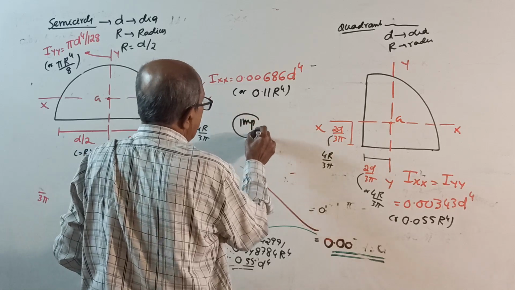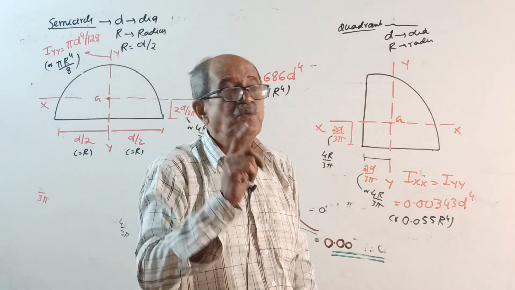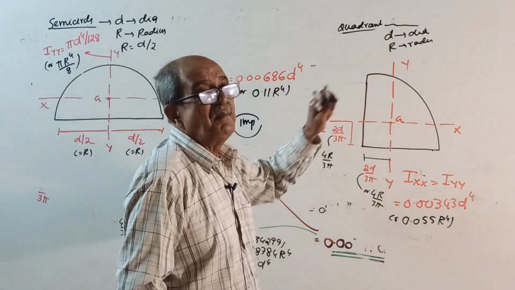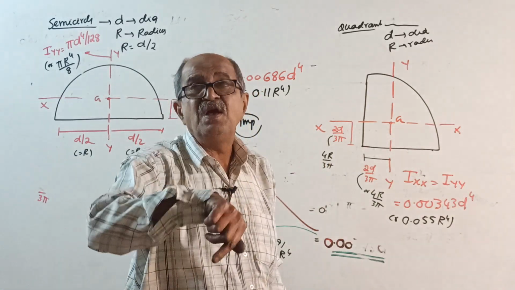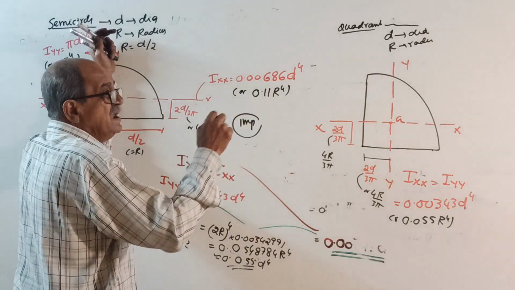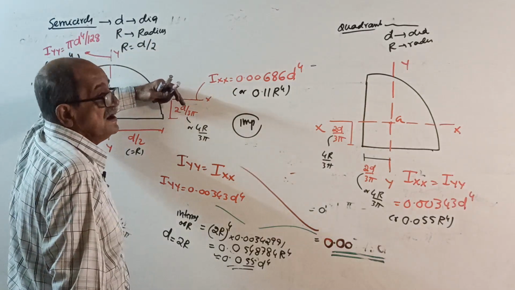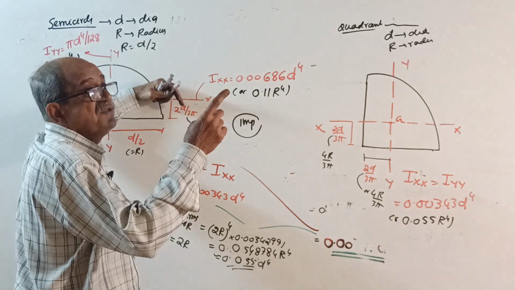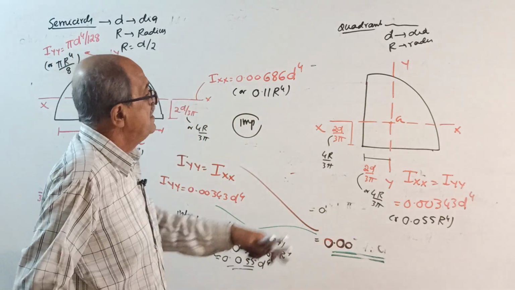Now, what is important is how to remember. I will tell you correctly. Not this way. I have got my own trick of telling it. Later, when you require I about y, you will tell immediately, sir, pi d power 4 by 128. About this axis, sir, it is 0.00686 d power 4.